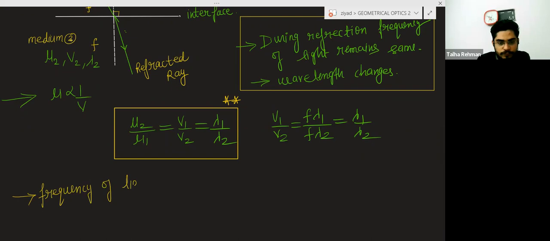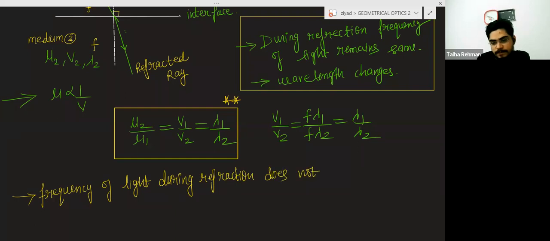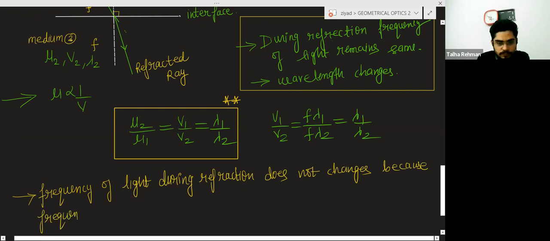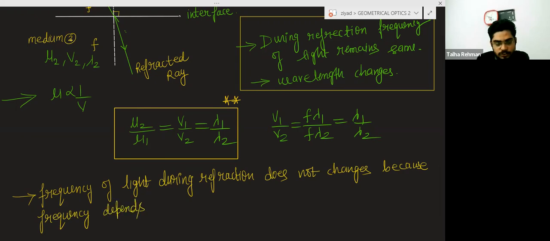Frequency of light during refraction does not change because frequency depends upon source. Source means from where the light is coming.